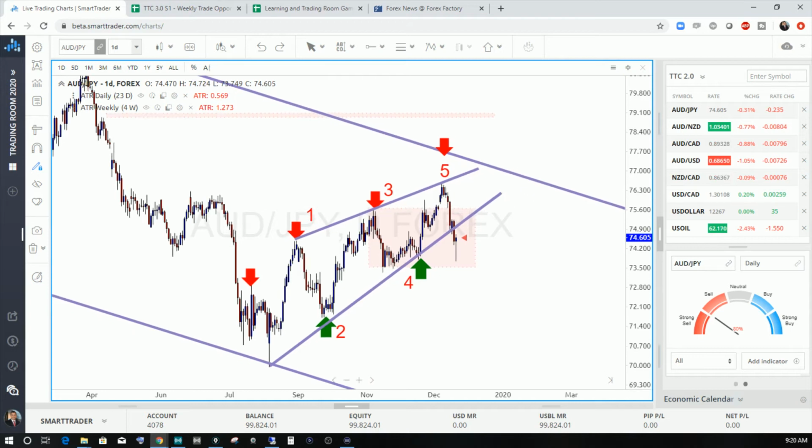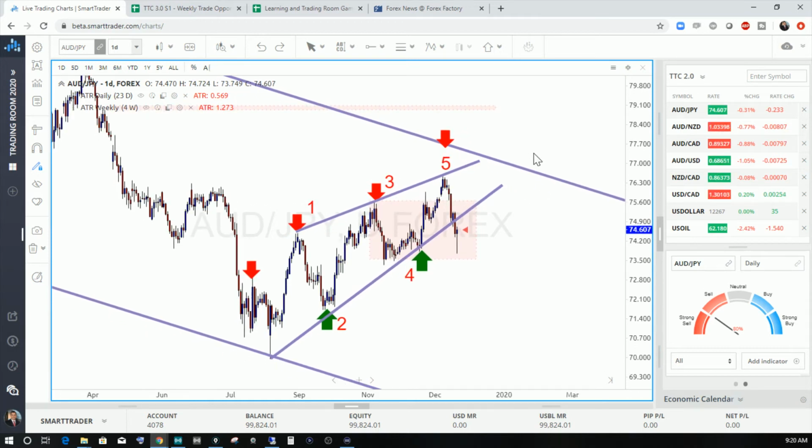But overall, this Aussie-JPY is in fact set up to head back down south. Now, if it goes ahead and takes out the high here, then we could absolutely be going to this downward trend line right here and then working its way back down south. So there's that possibility. Absolutely, that could happen right here. There's no doubt about that.